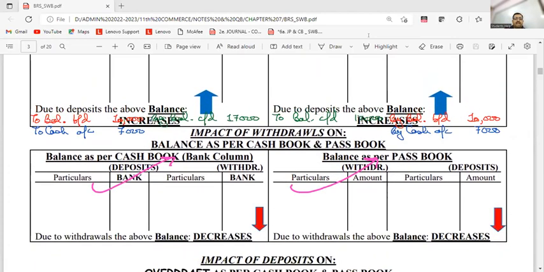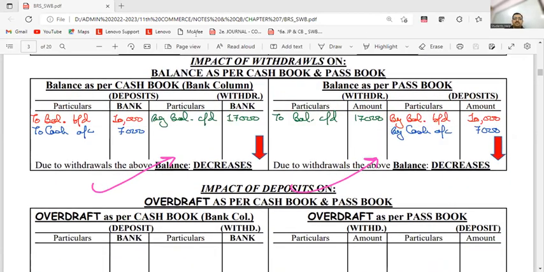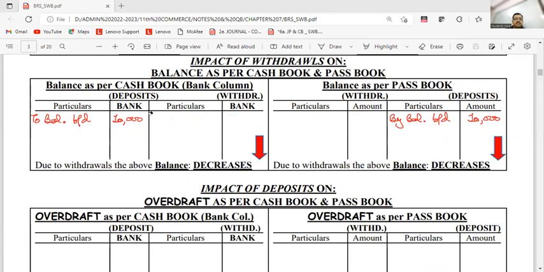And children, if we happen to withdraw money, will the picture be exactly the same? No, children. The picture would definitely be somewhat different. When we withdraw money, obviously, would the balance increase or decrease? Let's see.